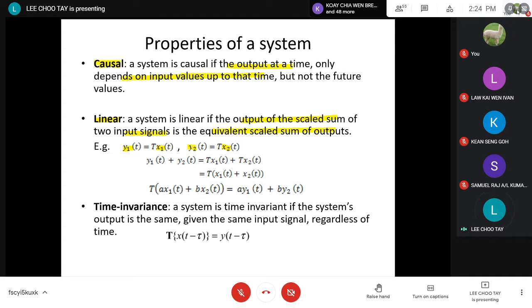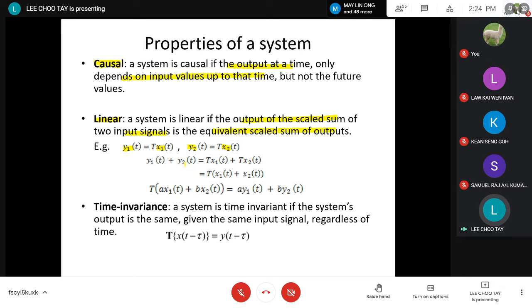Okay, a system is linear if the output of the scaled sum of the two inputs behaves accordingly.